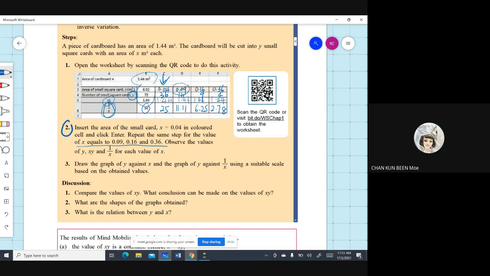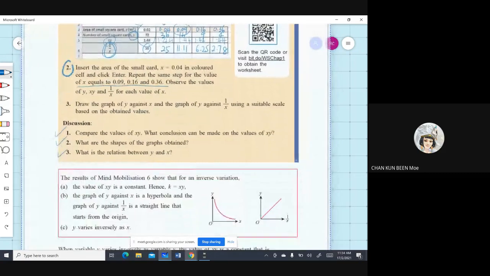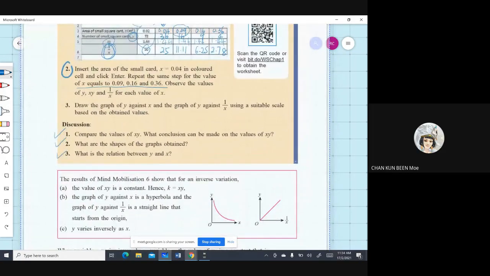Based on the table that we have done, we have to do the discussion. They ask you to compare the value of xy, what is the shape of the graph, and what is the relation between y and x. So we go straight to the answer.